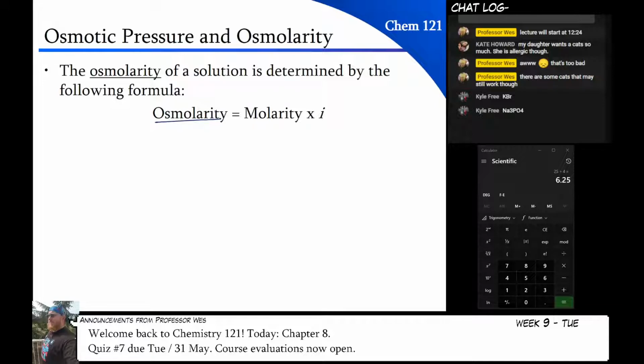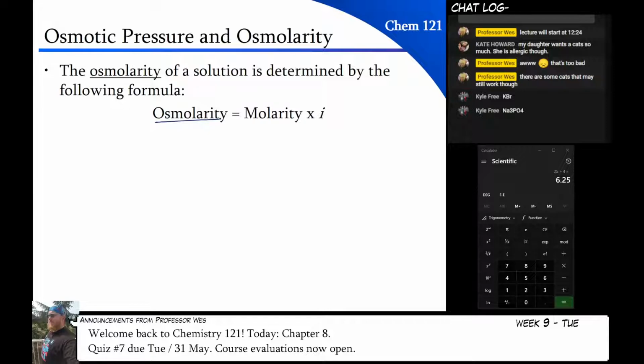In other words, that 9%, not 9%, sorry, that would be way too concentrated. That 0.9% sodium chloride solution has the same osmolarity as the 5% glucose solution. Now, those numbers aren't at all the same, but remember, it's because we're dealing with molarity for osmolarity, not mass-volume percent.